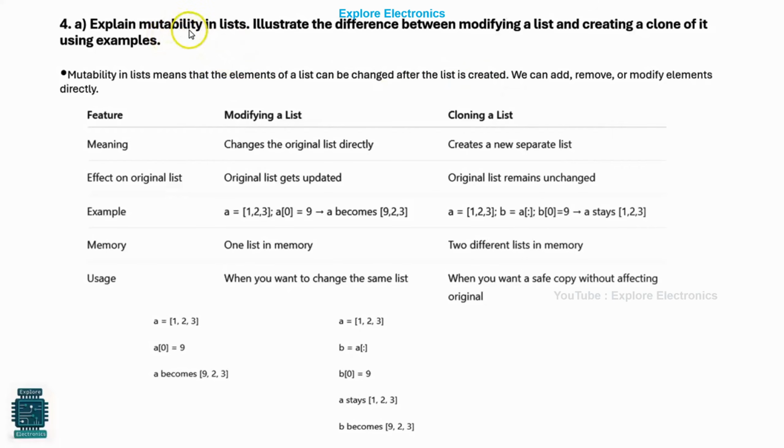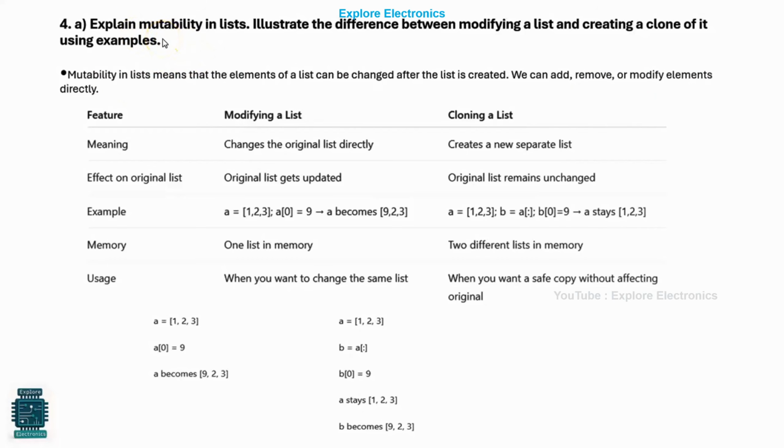That is mutability in list. We can add an element, remove an element, or modify elements directly present in the list, which is mutability. What I cannot change is immutability.